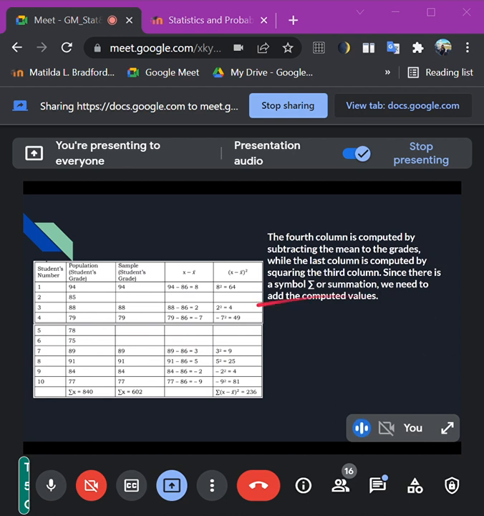So here, same as what we did earlier, we extend to the right with two columns. So the first one, you will have the given minus the sample mean. So 94 minus 86, 8, 88 minus 86, 2, 79 minus 86, negative 7, and then you square the results. Then you add 64, 4, 49, 9, 25, 4, 81, that is 236.